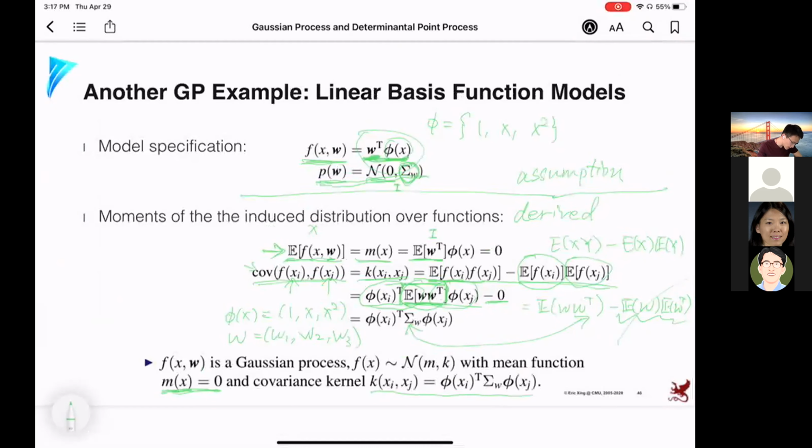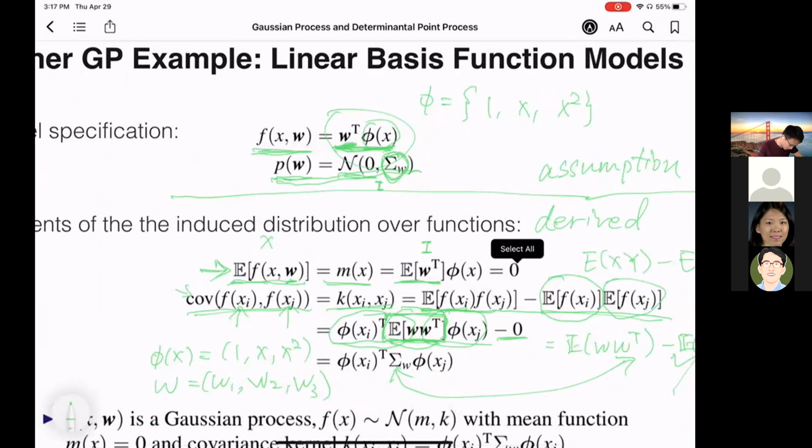So are you saying that if some entry of this covariance matrix is high, then the covariance between f(xi) and f(xj) is also high? I'm just trying to figure out the relationship between the covariance and the values of the basis functions at the particular points xi and xj. If you look at the vector phi(x), it has the 1 value, the x value, and the x squared value. When those function values become large, the covariance becomes large as well.